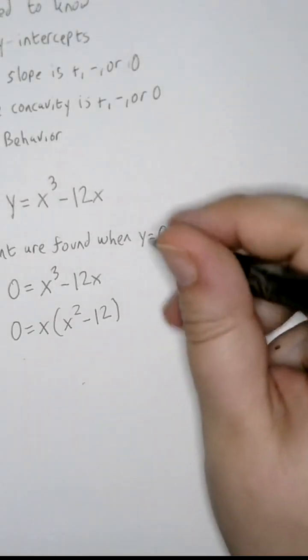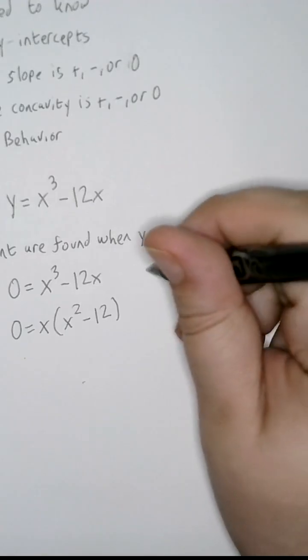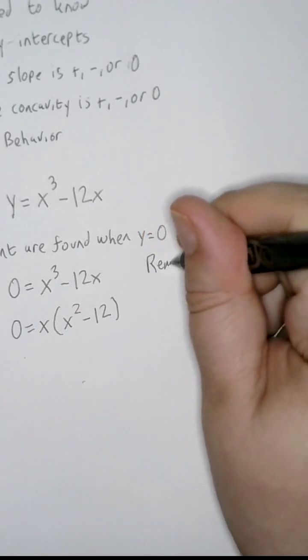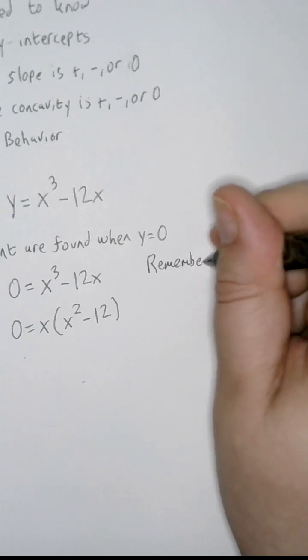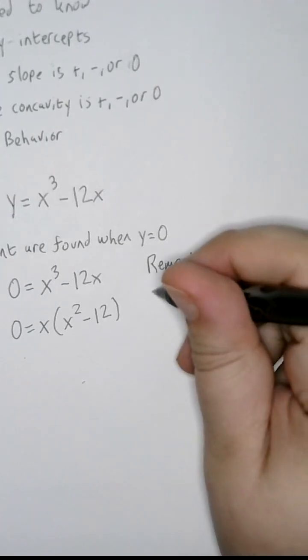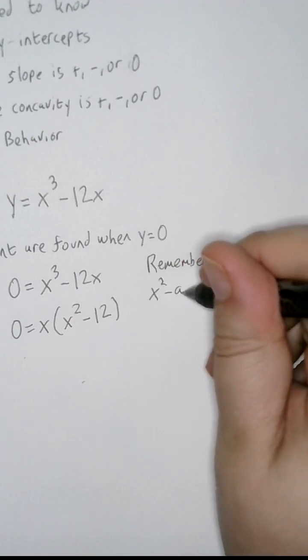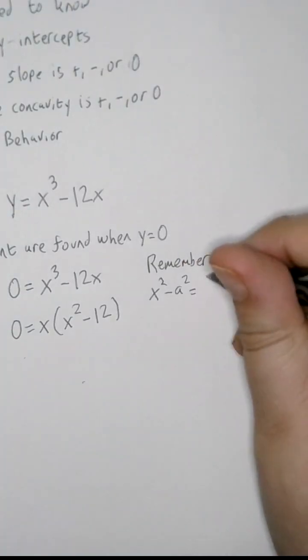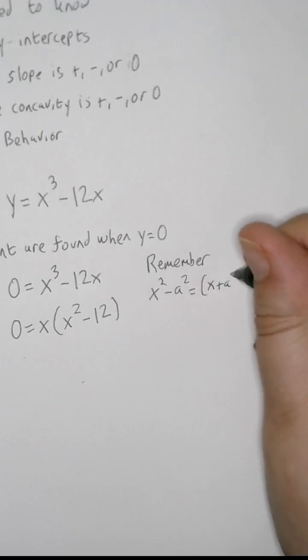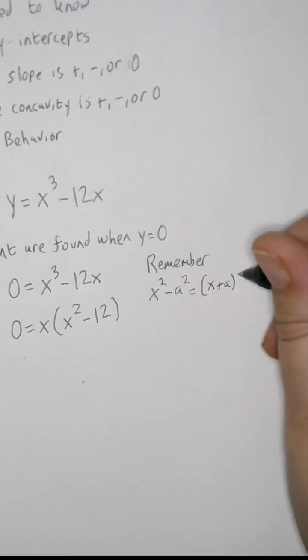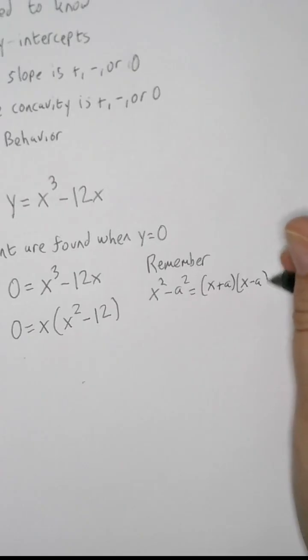So let's remember what difference of squares says. x squared minus a squared is equal to the quantity x plus a times the quantity x minus a.